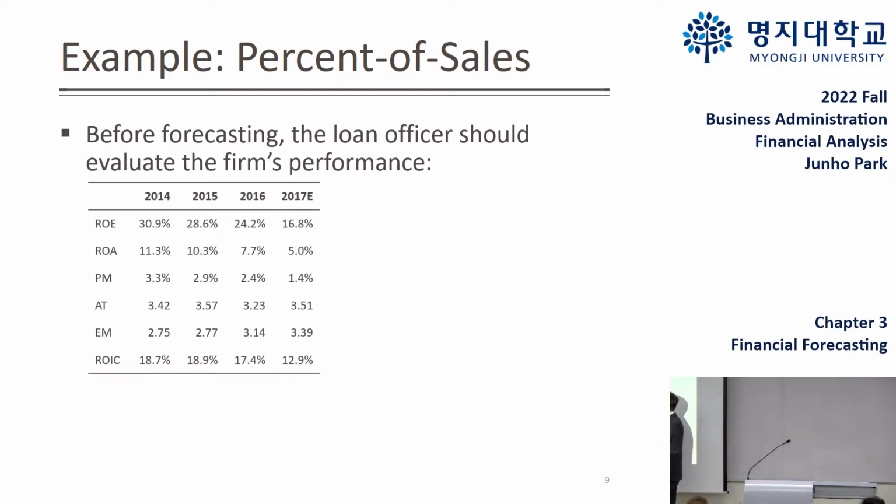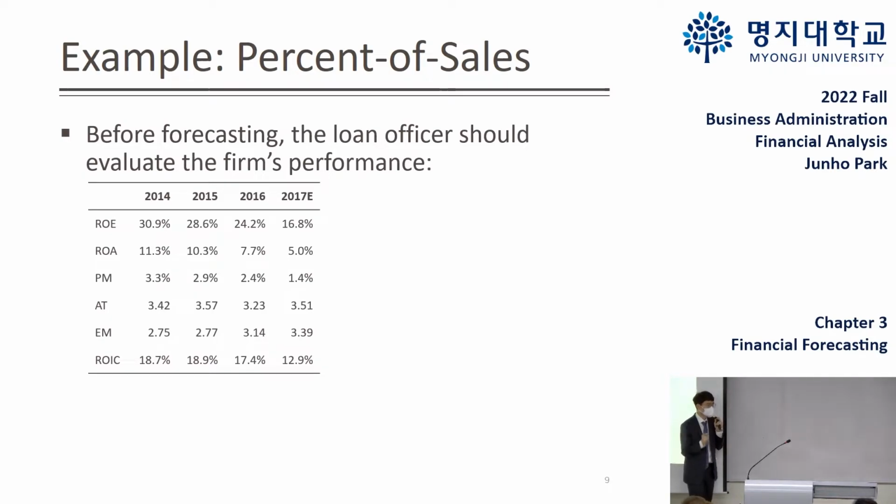So in 2014, ROE was more than 30%. However, in 2015, it became 28, in 2016, 24, and in 2017, it will be only 17%. So it seems that the firm has some problem, and I decomposed the ratio into several parts.